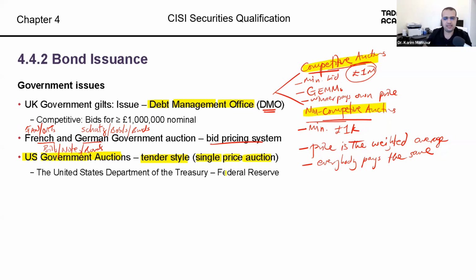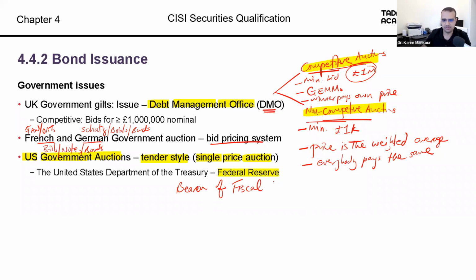The US government, through the Federal Reserve, which is the central bank of the US, offers these government bonds in the US. Particularly, the office under the Federal Reserve is called the Bureau of Fiscal Service.